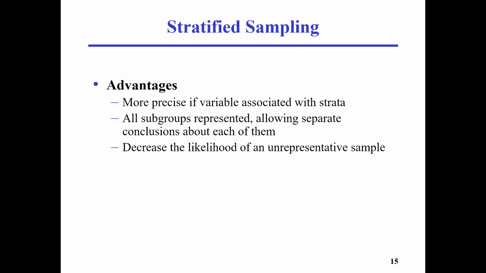Another advantage is that all subgroups are represented, right? Rural areas and urban areas are both represented, allowing separate conclusions about each of them. Good. That's another example of the advantage of stratified sampling.